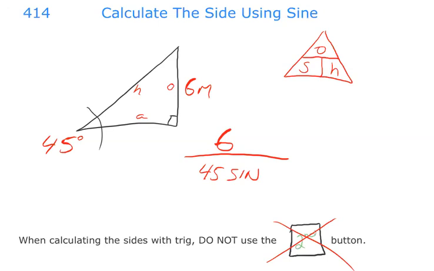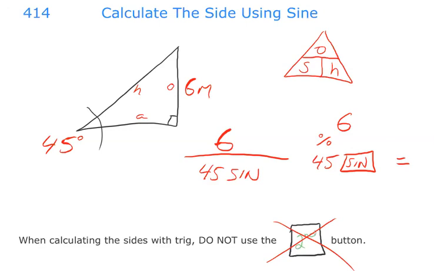So in your calculator, it is 6 divided by 45 sine equals, okay? Work your way down: 6 divided by 45 sine equals. That is telling you the missing part of the equation.